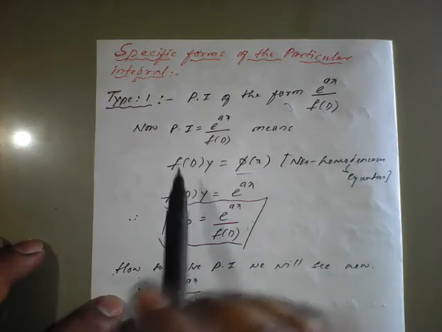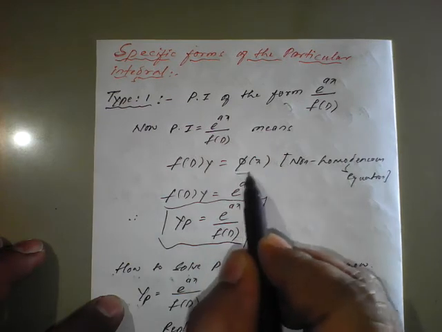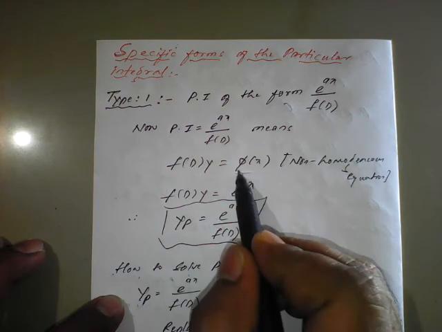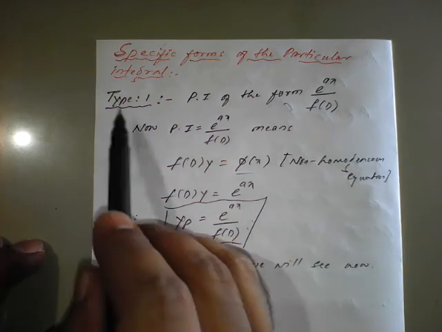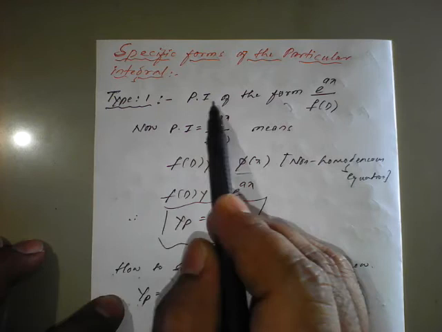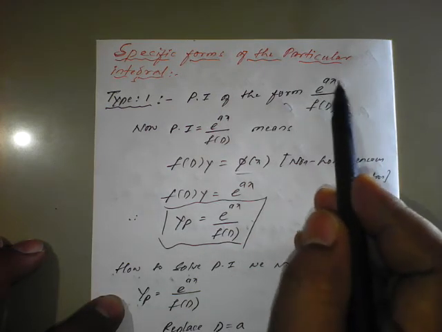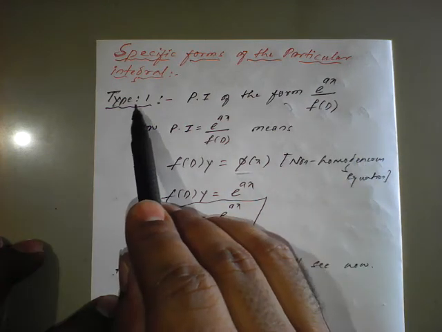Now we have the right hand side. Just observe here, this phi of x will take 3 types of problems. That's why I have taken type number 1. If your right hand side is of the form e raised to ax, we call it type number 1.